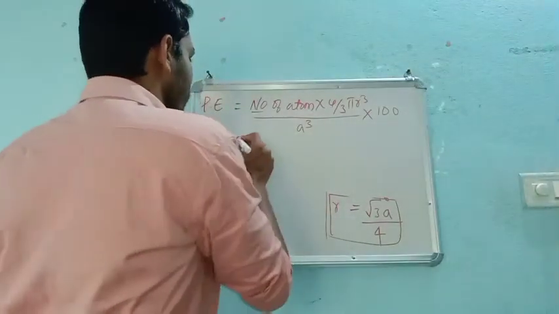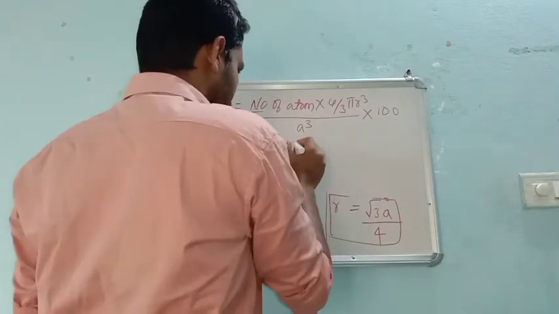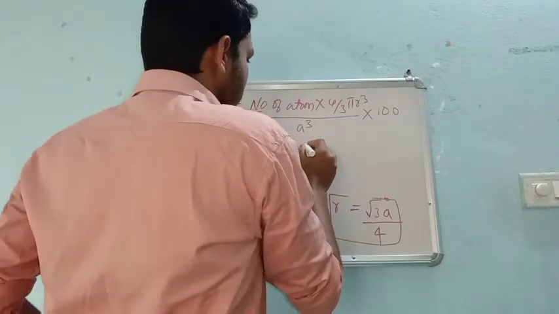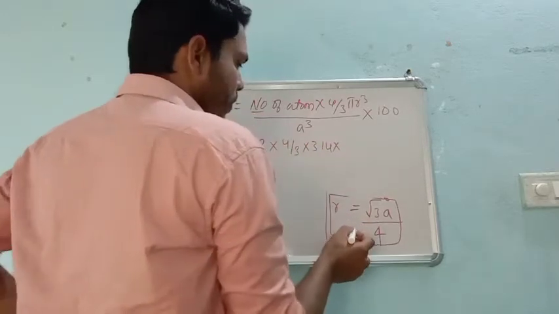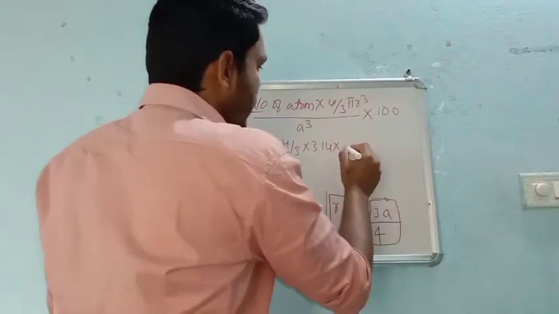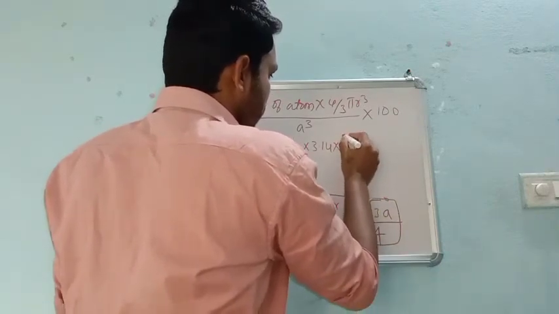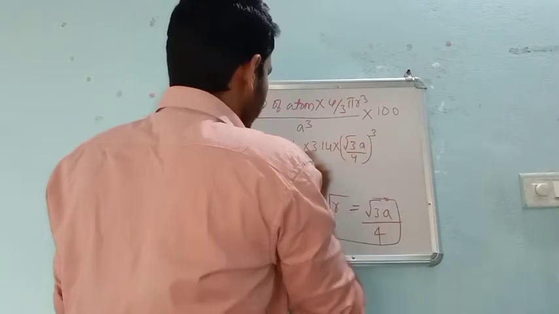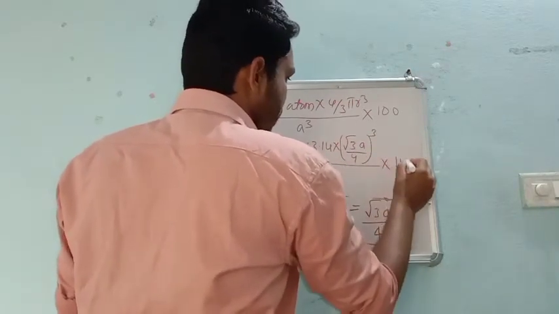How many atoms are there in the BCC? 2, into 4 by 3 pi, value we can put 3.14, into R. R value we already got. So what is the R value? Root 3 a divided by 4, whole cube, whole divided by a cube, into 100.